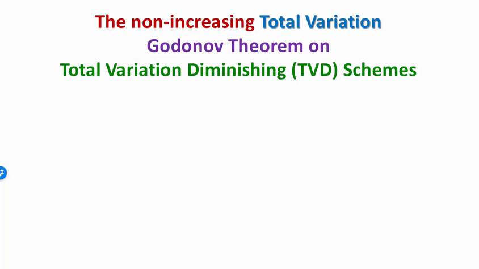So you have to create oscillations or new extrema unless you use a nonlinear scheme to solve even a linear equation. So today we are going to be talking about how to use a nonlinear scheme to solve even a linear equation. Okay, so here let's consider just a very simple equation, partial u partial t plus partial u partial x equal to 0.